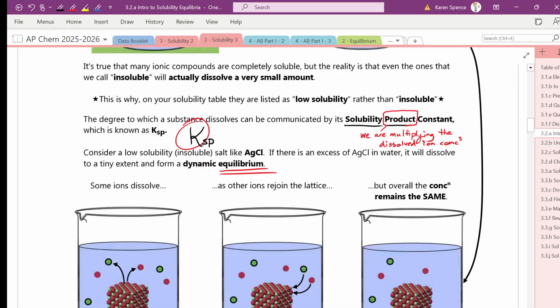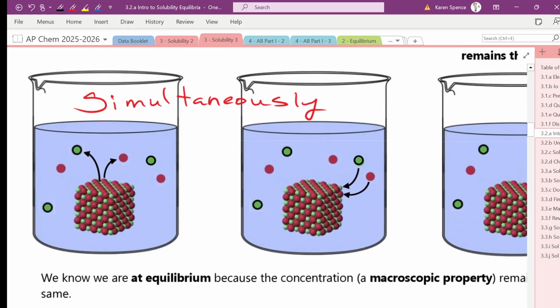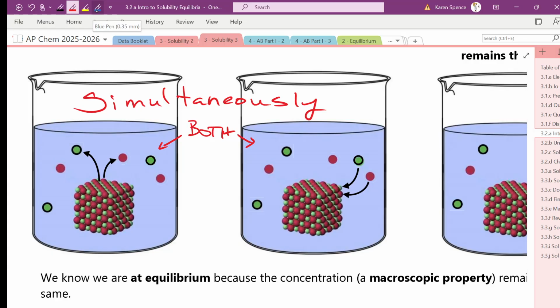Now, simultaneously, you'll have both of these, where we have dissolving, which would give us, instead of 4 particles, 6 particles, yes?